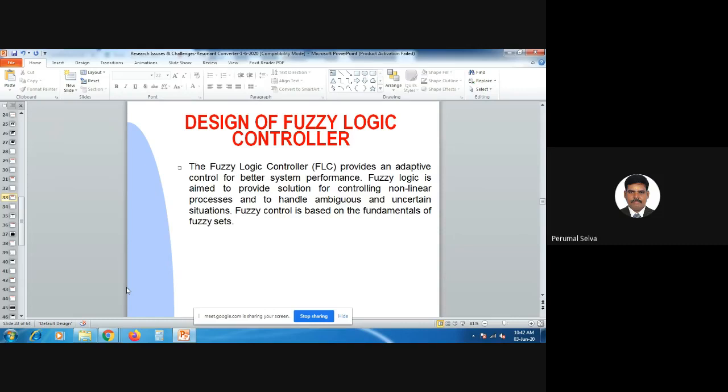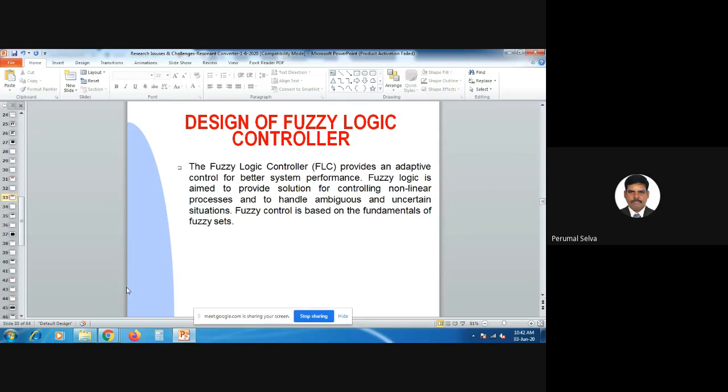This S-shaped curve is called the reaction curve. From the Ziegler-Nichols tuning rule, proportional gain constant Kp equal to 0.05 and integral time constant Ki equal to 25 are obtained for the converter under study.